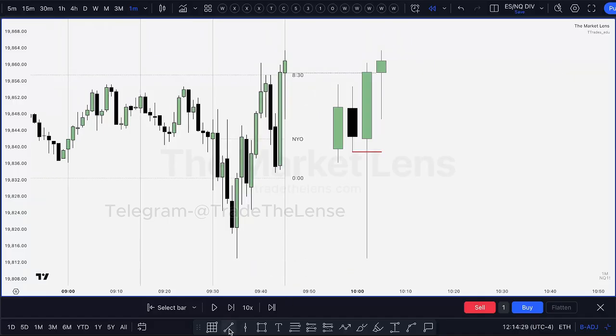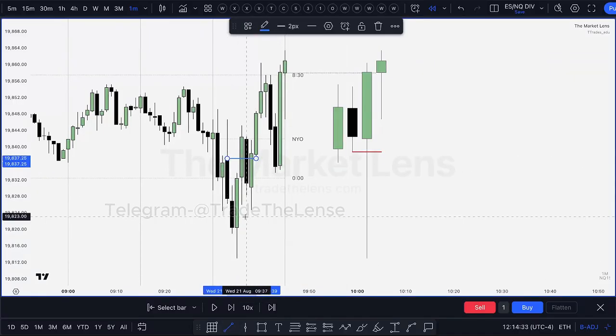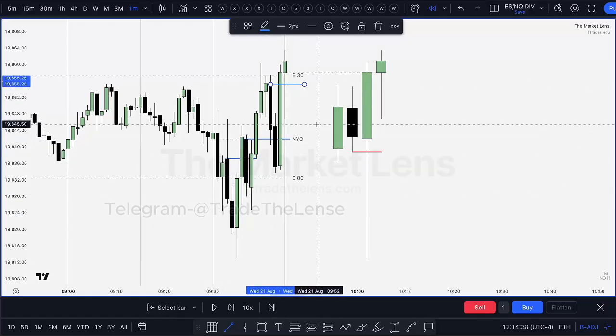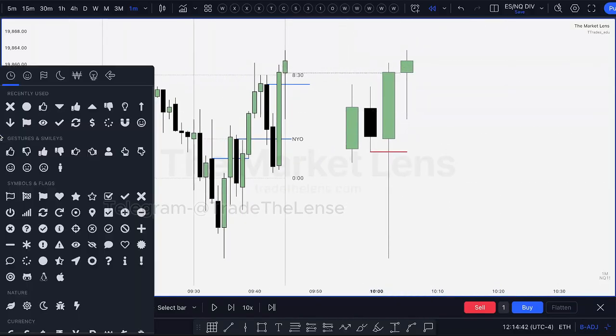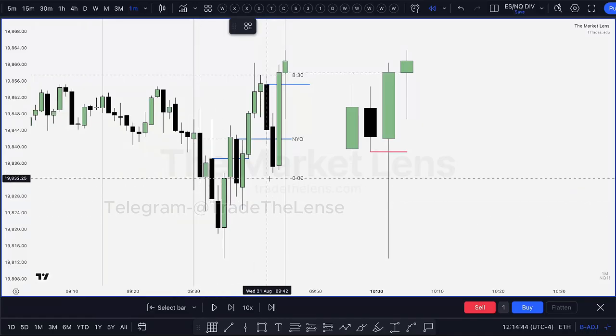So marking it out, we have our order block here. That's what forms that wick. So going into this candle here, where would we not anticipate price to be going? If it goes below here, we're wrong.